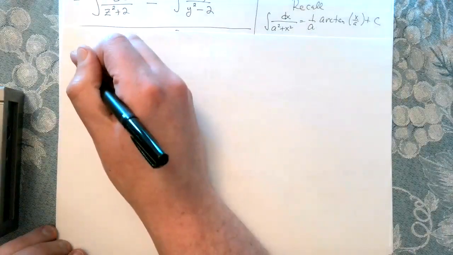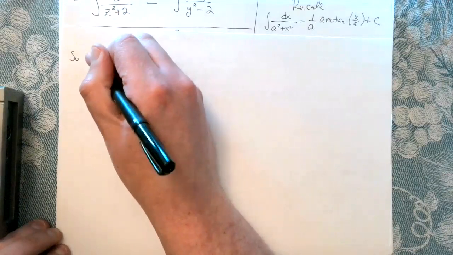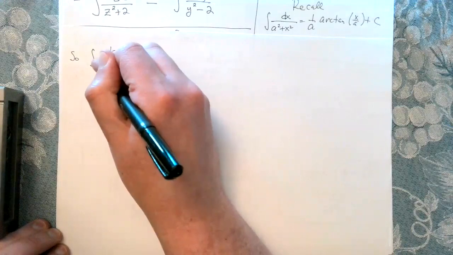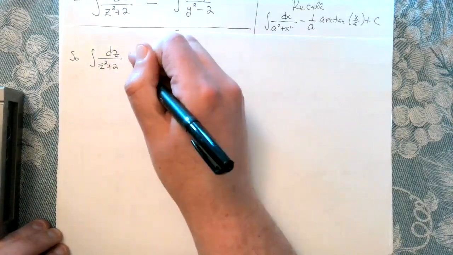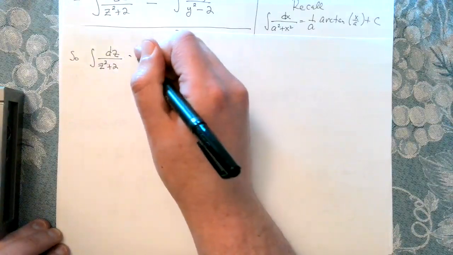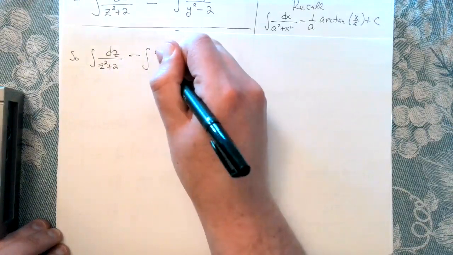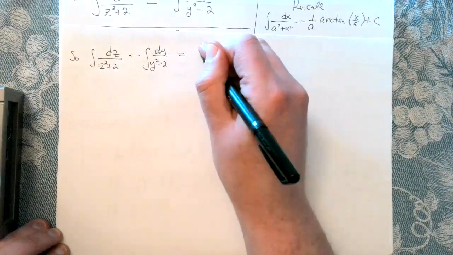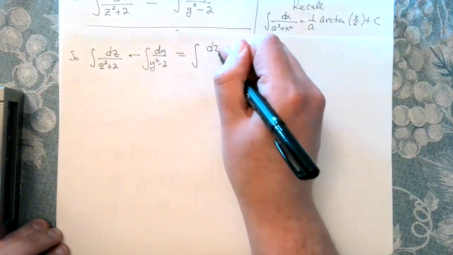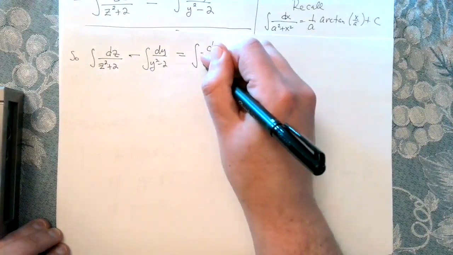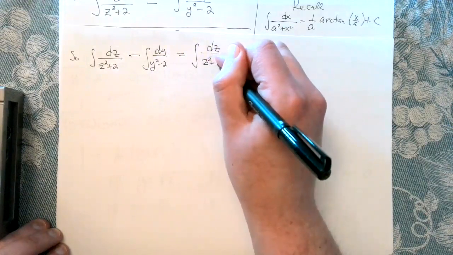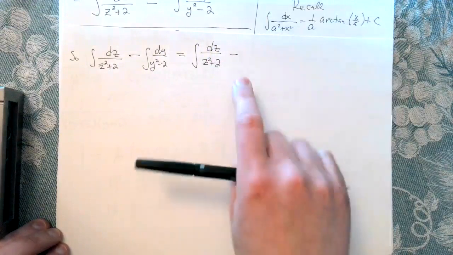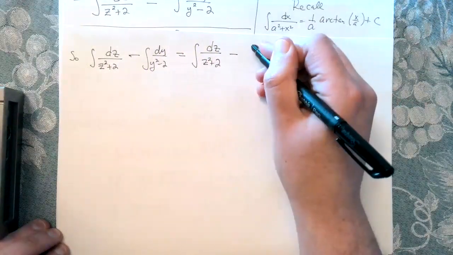Okay, and so dz over z squared minus 2, minus dy over y squared minus 2 is equal to, as I mentioned before, the dz over z squared plus 2 integral, I'm going to leave that alone just for a moment, minus, now keep in mind this will affect everything.